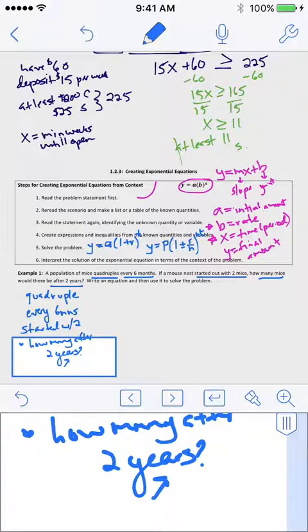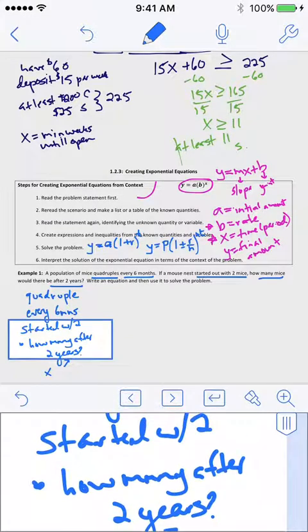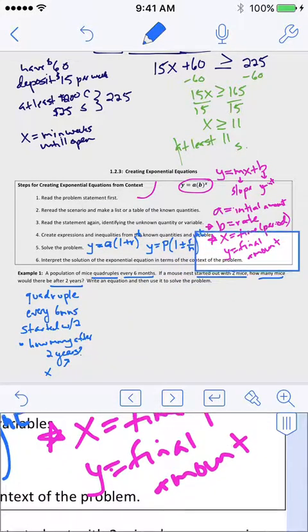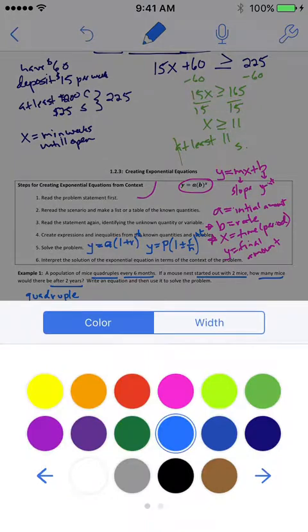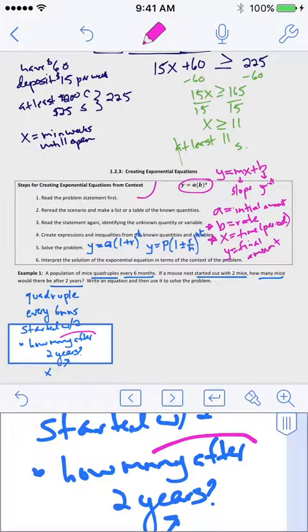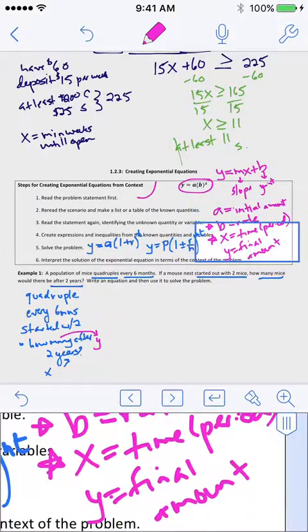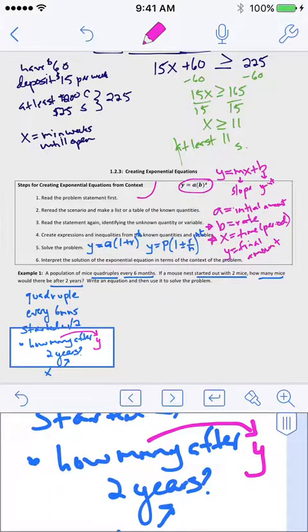So this is going to be x. However, the question is actually asking about how many in the end. It's asking about y. So this question is actually asking about y, not x, right? So it's important to remember what each thing stands for. That way you can actually answer your question, you know which piece you're looking for.